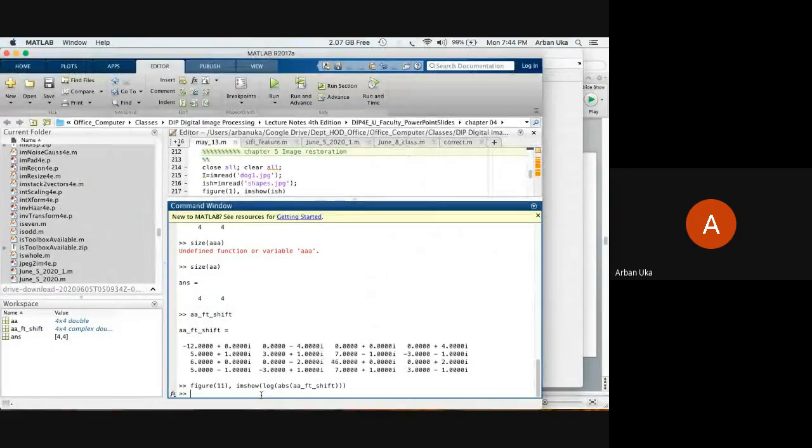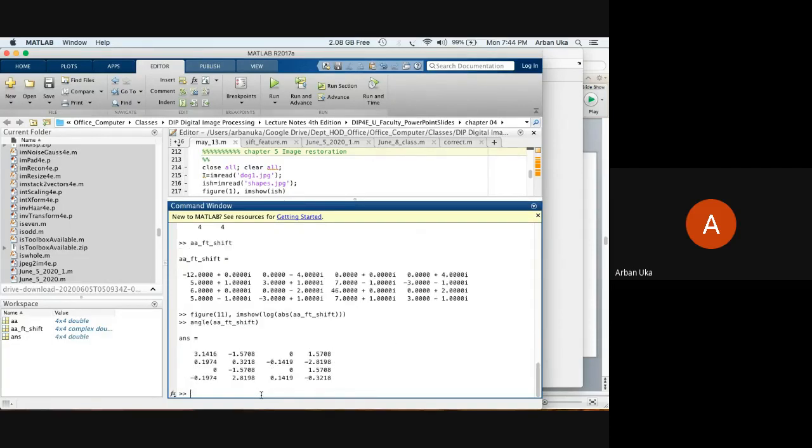So let's calculate what the angle is. Sorry, this is the angle of the AA Fourier transform shifted version. This is what we observe. Now, the angle corresponds to the quadrant in the two-dimensional space where all of these numbers belong. So, for a moment, let's see.